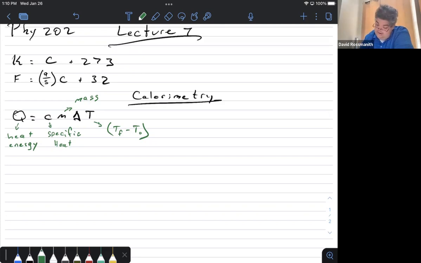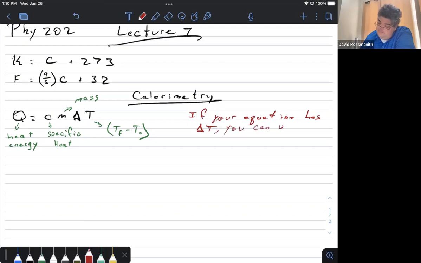And that is if the equation has delta T instead of just T by itself. So it wants a change in temperature. How much are you changing? You can use Celsius instead of Kelvin.